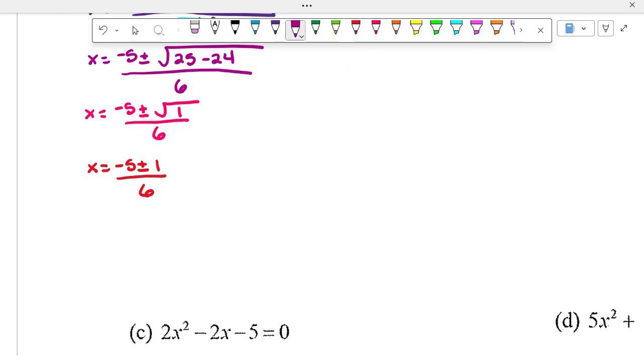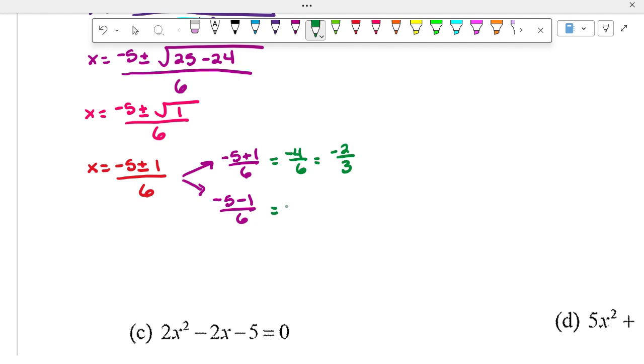So how do I get it? -5 plus 1 over 6 and -5 minus 1 over 6. So what's -5 plus 1? -4 over 6, which simplifies down to what? -2 over 3.